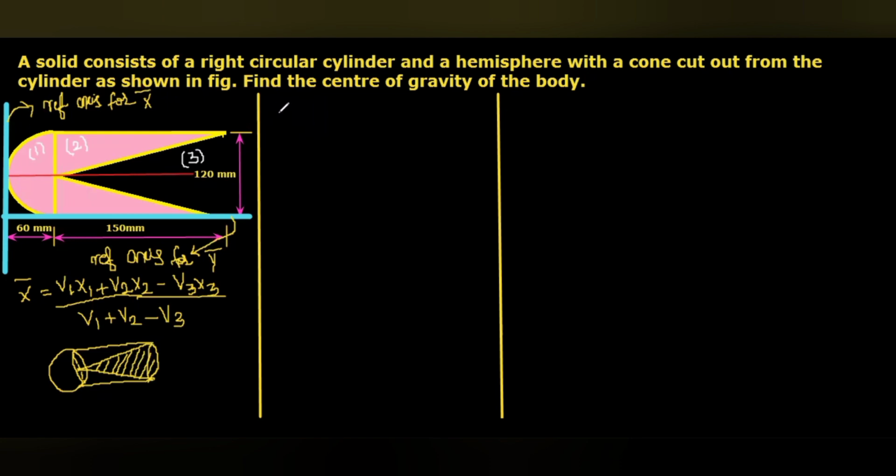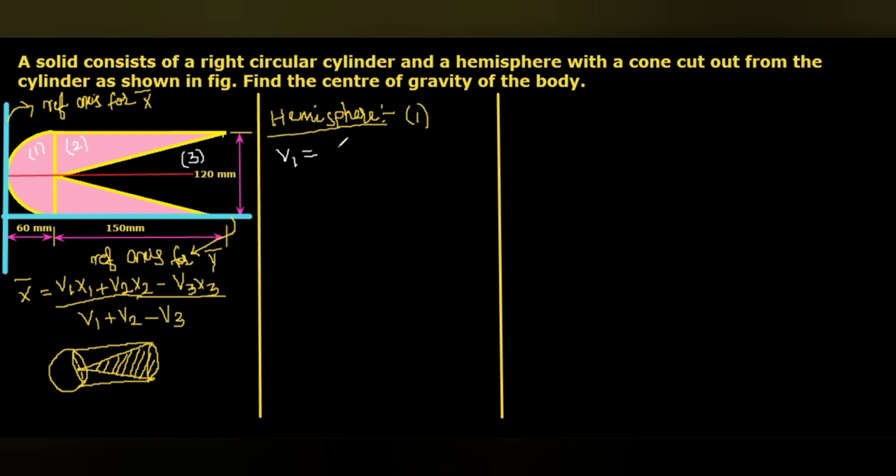I just start with the hemisphere first. We know that for the hemisphere, segment 1, here V1. The volume of the sphere will be 4 by 3 pi r cube. Volume of the hemisphere will be half of that value.